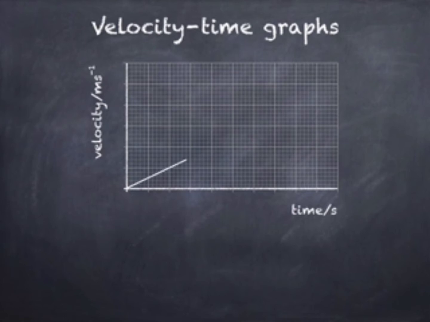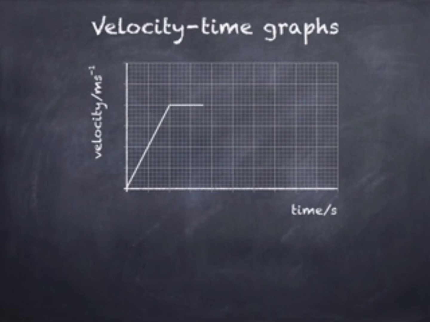A straight diagonal line going up from left to right represents a constant acceleration. And take note that the steeper the line, the greater the acceleration.